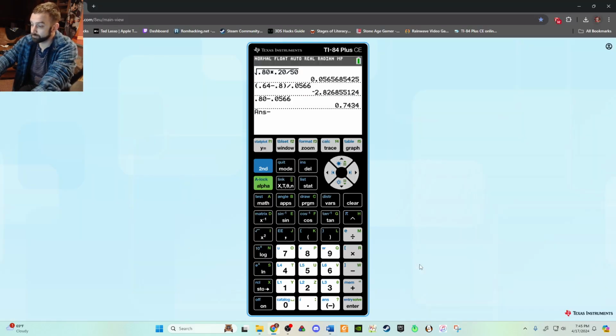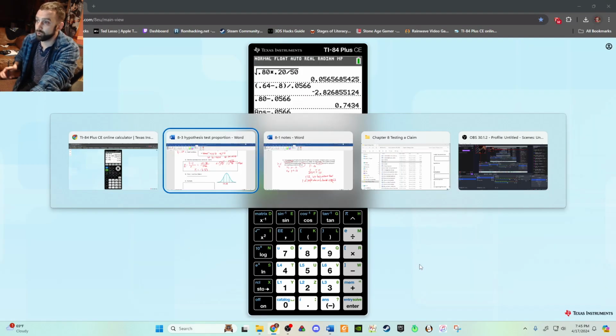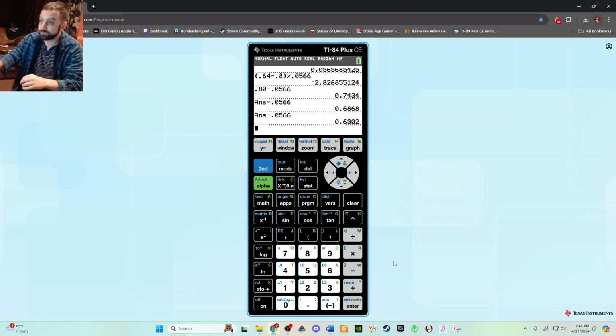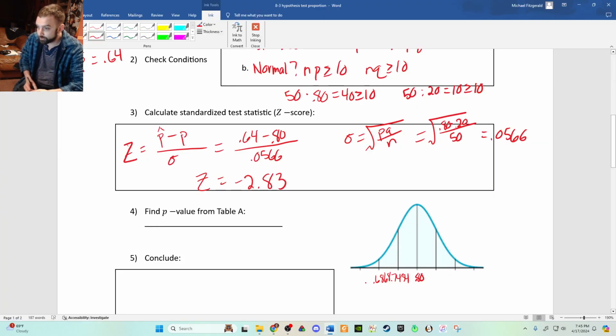Again, minus 0.0566, 0.6868. And the last one, 0.6302. So isn't our 0.64 maybe right here? So in this example, let's just recall, we're assuming this 80% is true, and we're seeing what's the likelihood of getting this data of 64% or less.